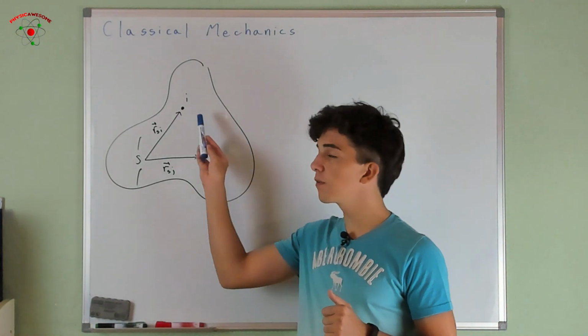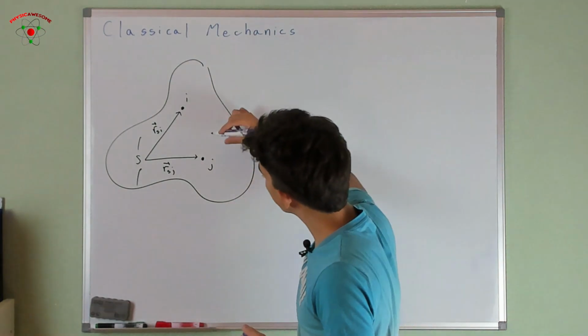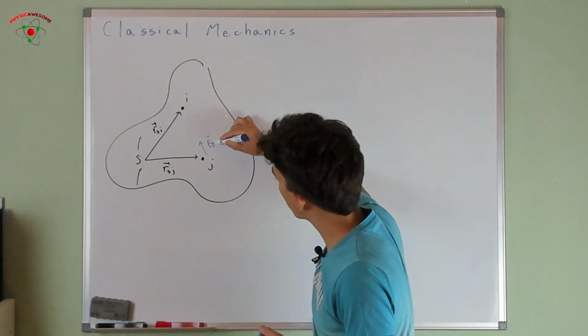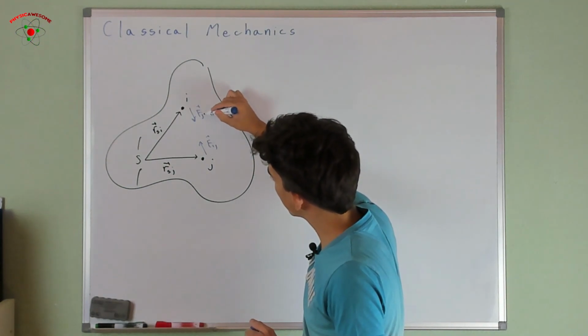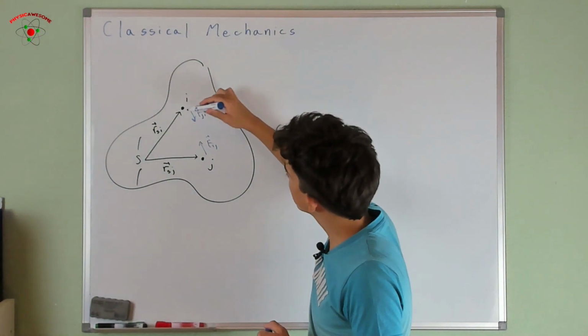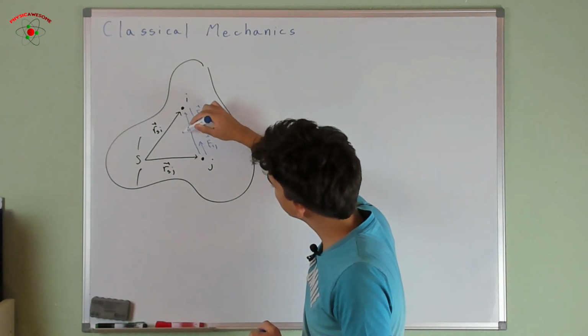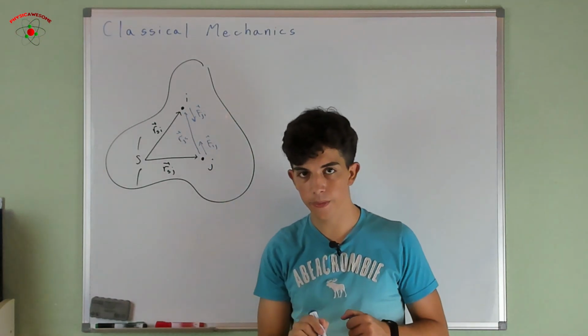So if we have two particles in here, they are going to feel a force on each other, Fij and Fji. And we have over here this vector joining them, Rjs.